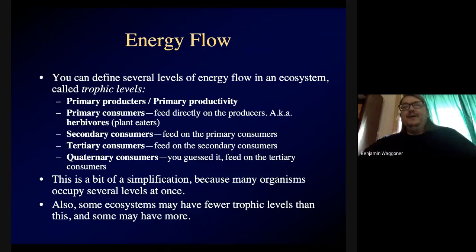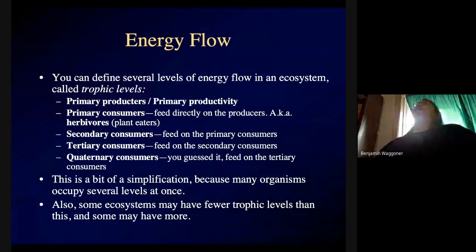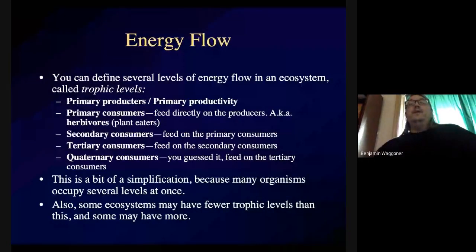Simple so far. Whatever eats the primary consumers would be the secondary consumers. So the grass on my lawn would be the primary producers, the grasshoppers, the primary consumers, and then the mice that eat the grasshoppers would be secondary consumers.